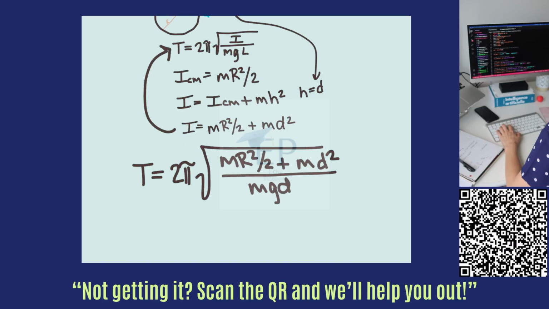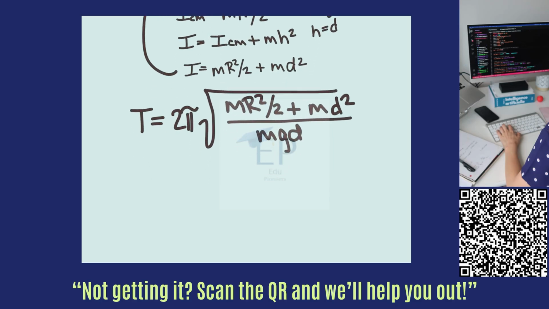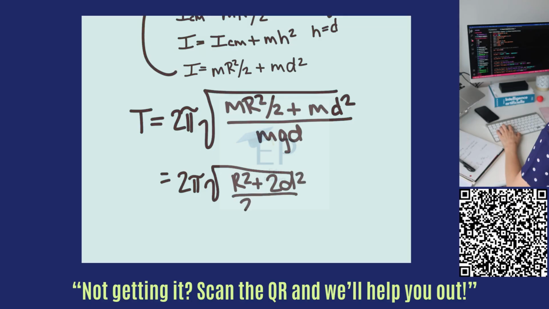And we can simplify that even further to just 2 pi times the square root of r squared plus 2d squared divided by 2gd.